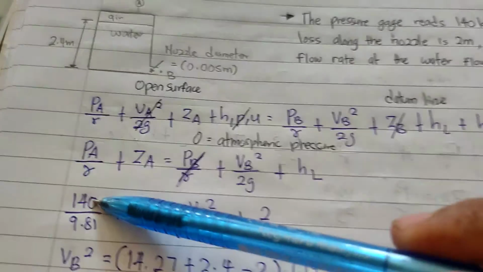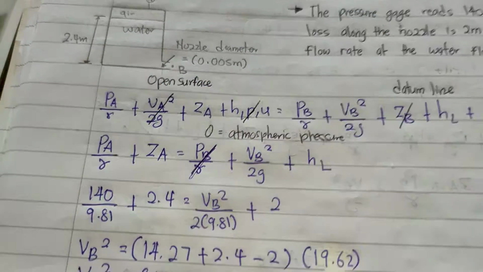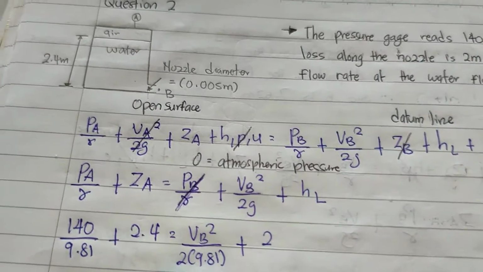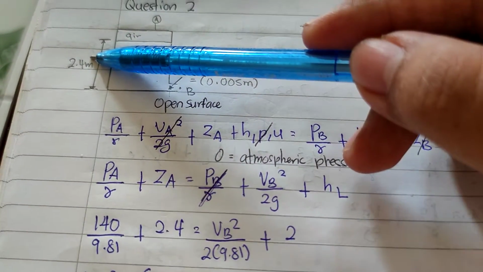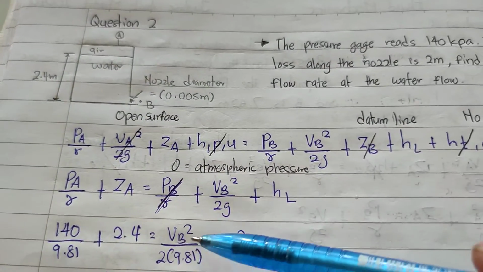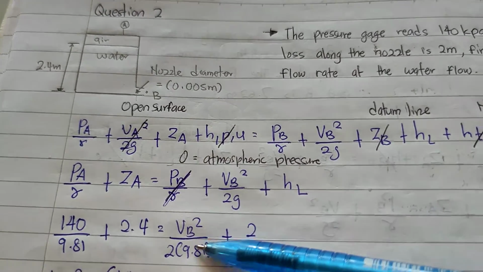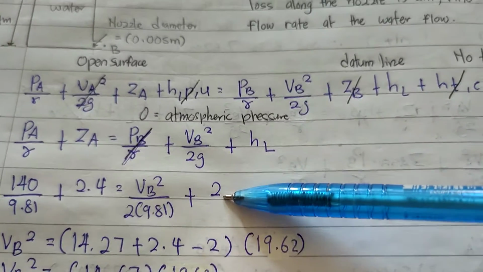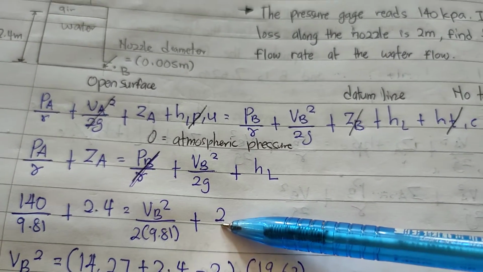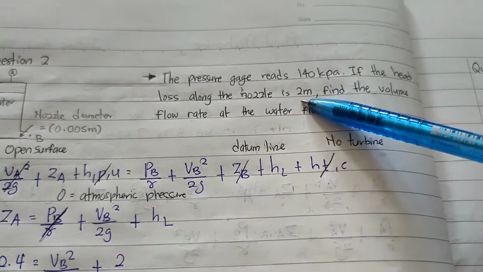For pressure it is 140, and ZA is 2.4 meter. VB square is what we need to find. The head loss is 2 meter, which is given in the question.